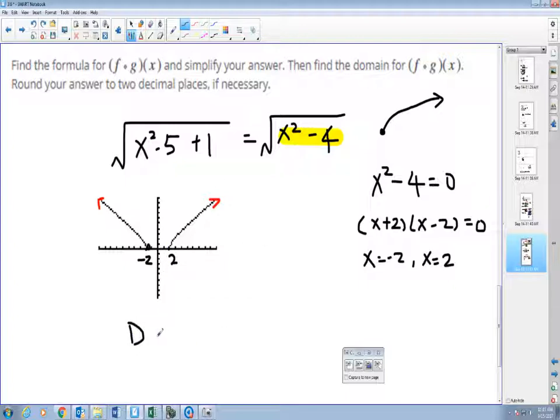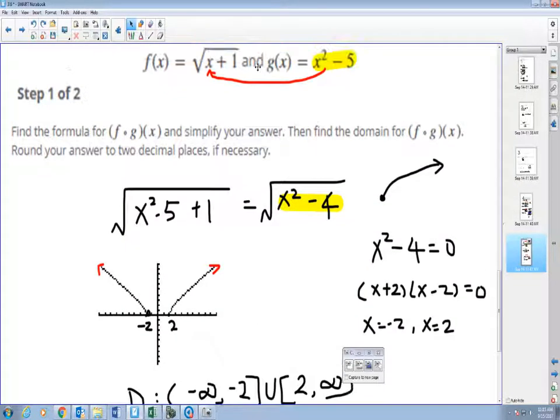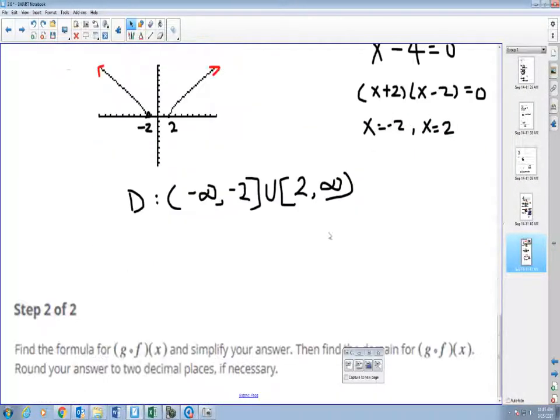Therefore, my domain has got to be from negative infinity all the way to negative 2 using a bracket, union, with nothing in between, because a number in between is what makes it undefined. The other side starts from 2 and keeps on going to infinity.